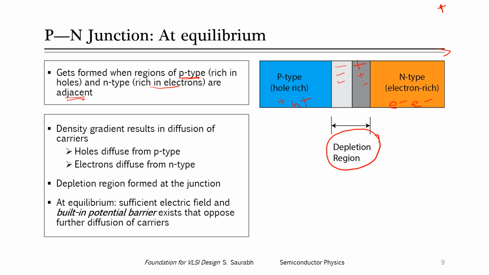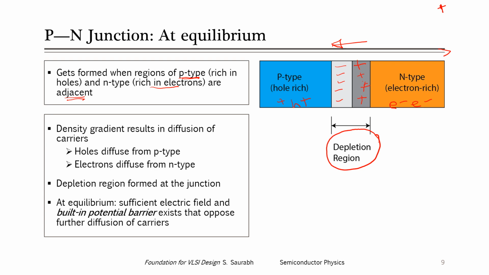And at equilibrium, since we have a separation of positive and negative charge, an electric field will be created at this depletion region. At equilibrium, a sufficient electric field will be created that will oppose further diffusion of carriers. From the P side, holes will go to the N side, and from the N type, electrons will go to the P side.